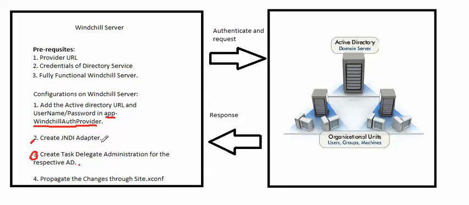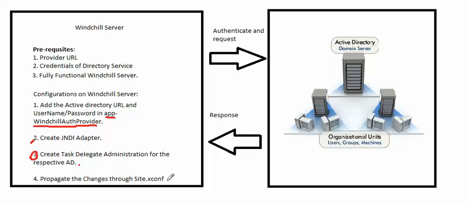The same service name should be provided in the site.xconf under the property name wt.directory.federation. We propagate the changes through a command shell using the command xconfmanager -p, so that the changes will be propagated.